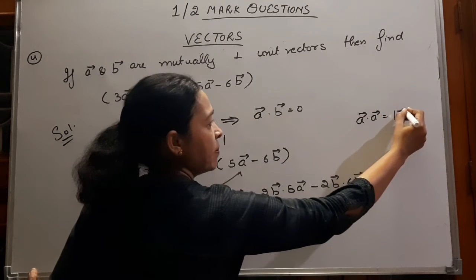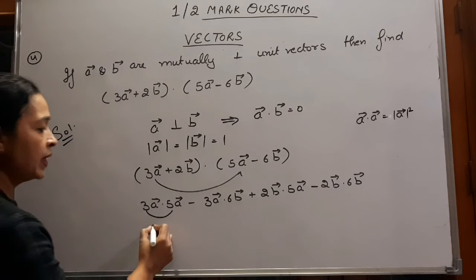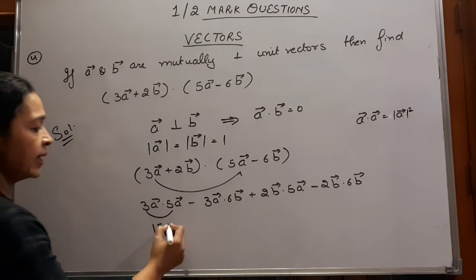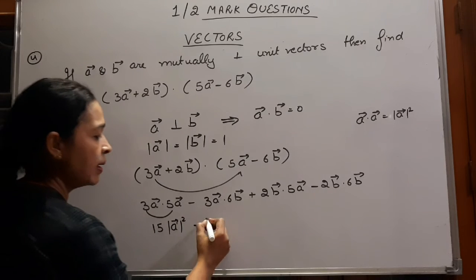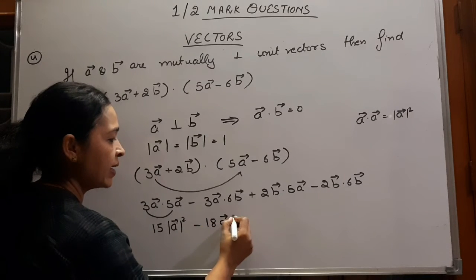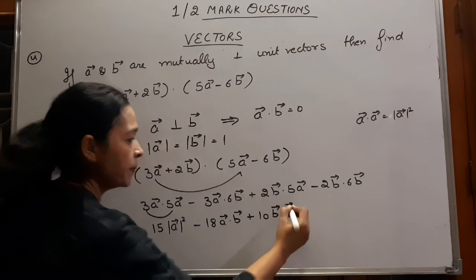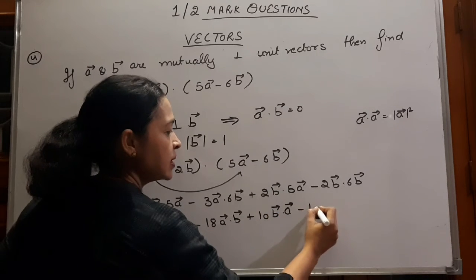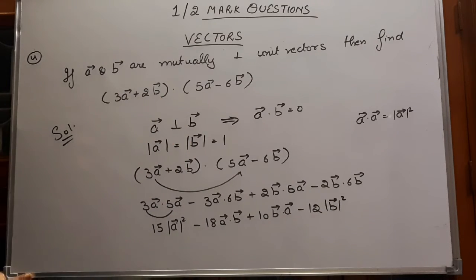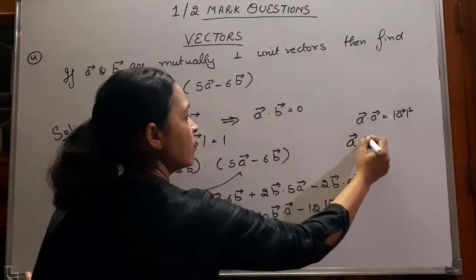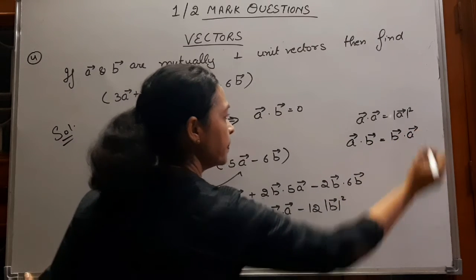Vector A dot vector A is magnitude of A whole square. 3 into 5, 15 times magnitude of A whole square. Minus 3 times 6, 18 times vector A dot vector B. Plus 10 times vector B dot vector A. Minus 6 times 2, 12, B dot B is B magnitude whole square. We have vector A dot vector B equals vector B dot vector A.